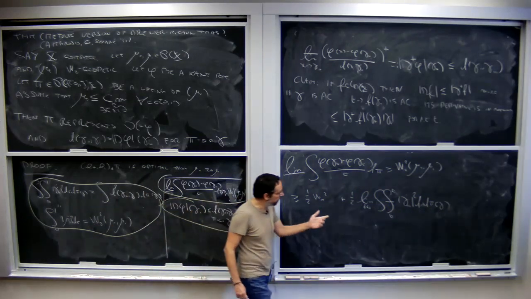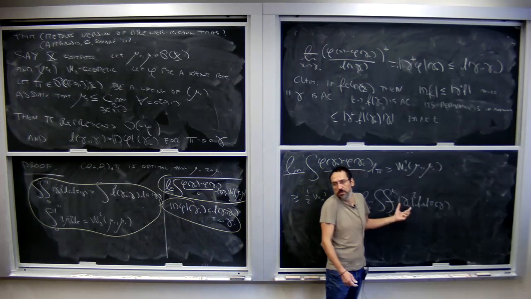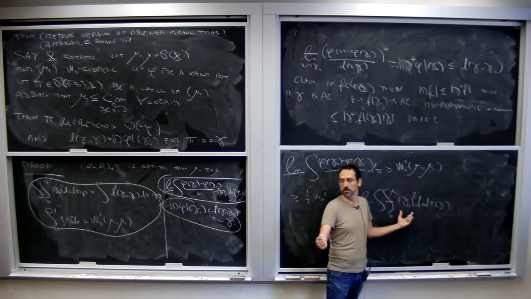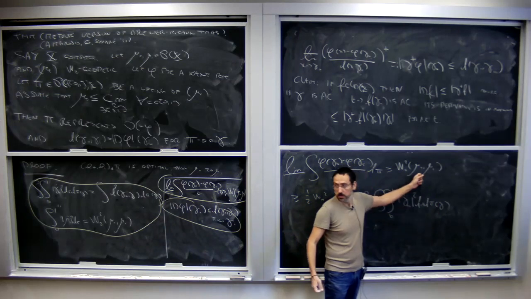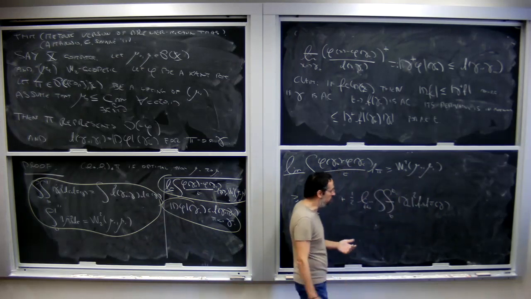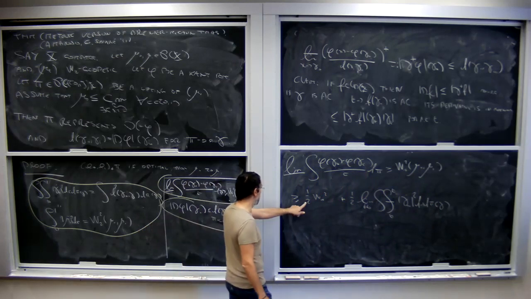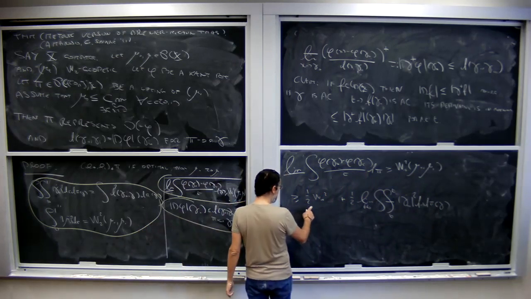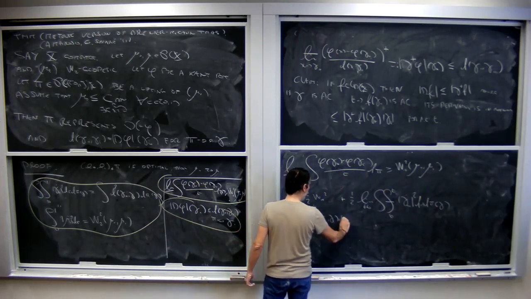For almost every s, the kinetic energy is equal to the squared speed of the curve, but the squared speed of the curve is always constantly equal to the square distance between the endpoints. So if I'm taking the average or not doesn't matter. Now this quantity is equal to 1/2 the integral of the squared distance between gamma 0 and gamma 1 d pi.